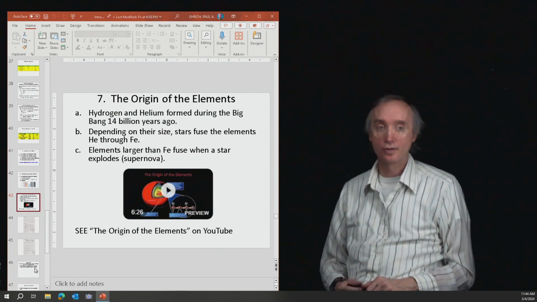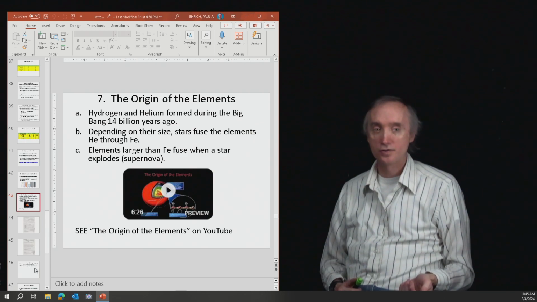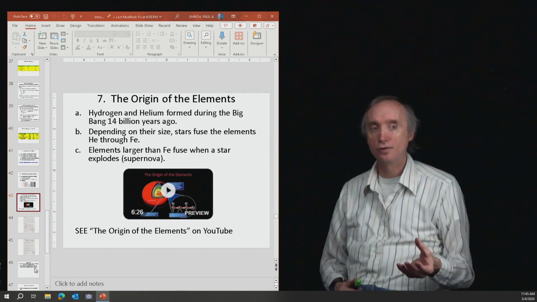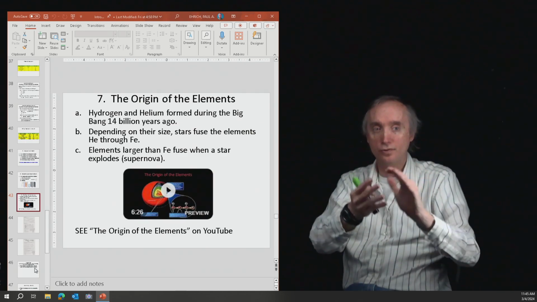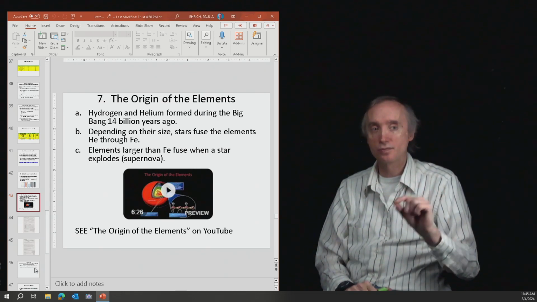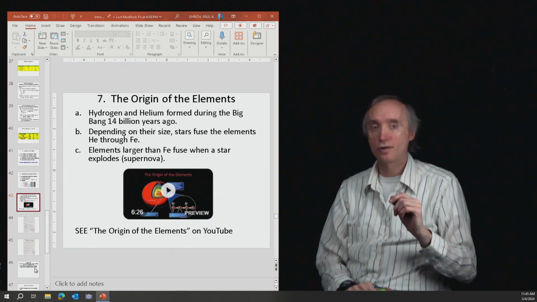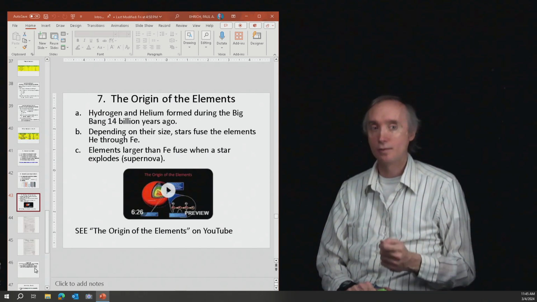Actually, even smaller than a proton, because inside of protons are quarks. So we think that the entire universe was crammed into something even smaller than a quark. It was incredibly dense, and it also had an incredibly high temperature.